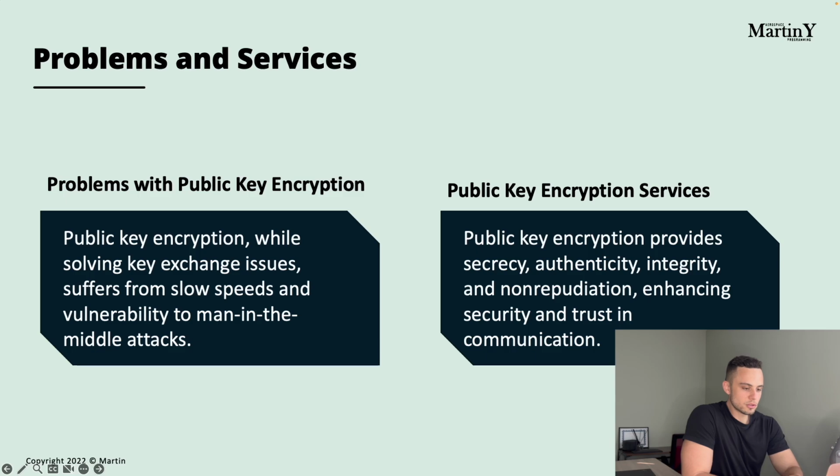We do two encryptions and two decryptions, using four keys in total. So obviously it takes more time. The symmetric algorithms, for example, just use one key, so they're just encryption, decryption, that's it.